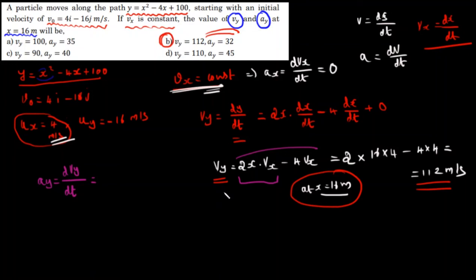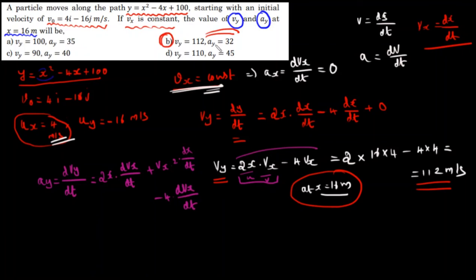I'm differentiating with time, so I take one as u and another as v. If I keep 2x as constant, I differentiate vx with respect to time, plus, keeping vx constant, I differentiate x, dx by dt, minus 4 into dvx by dt.